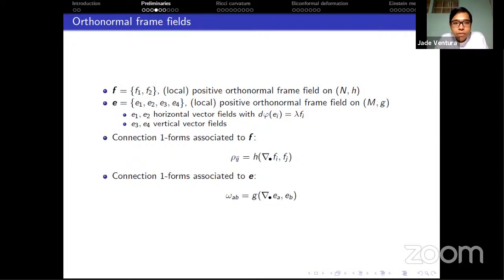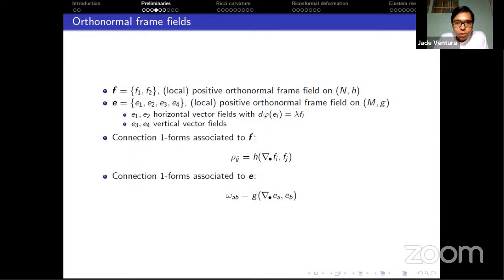So the third and the fourth, being vertical, they are mapped by d phi to 0. The first and the second, they are mapped by d phi to lambda fi's.